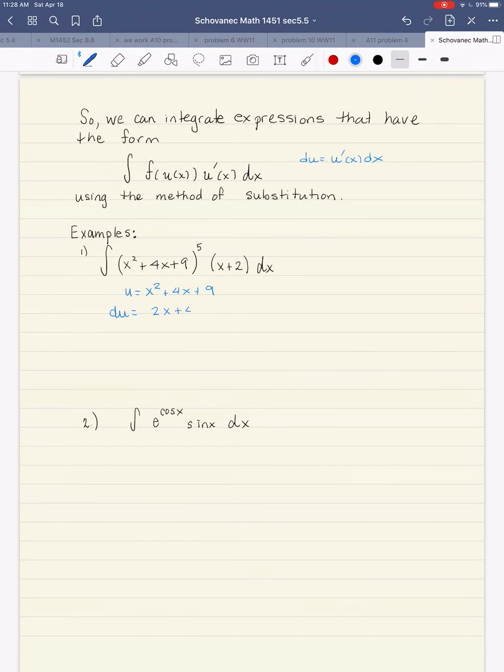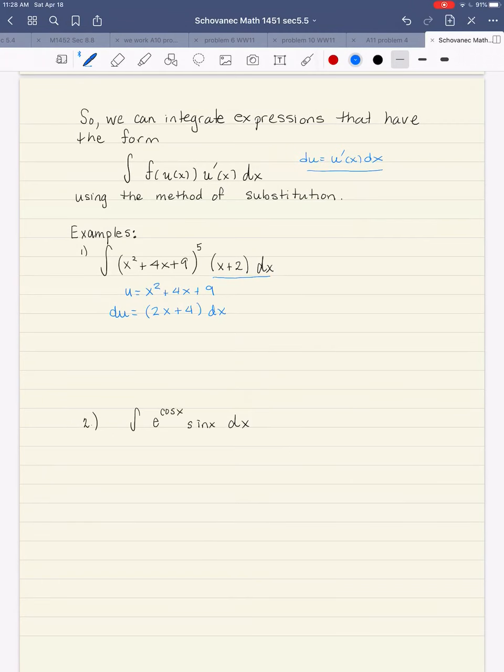So I take the derivative and I get 2x plus 4 times dx, right? U prime times dx is going to be the du. Well, that's not quite what I have up here. I've got an extra 2 in here.